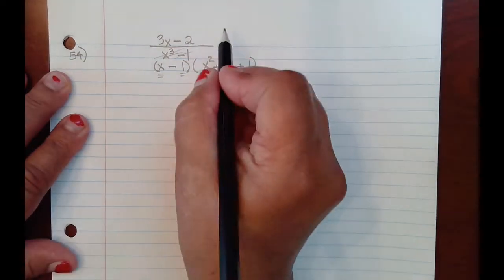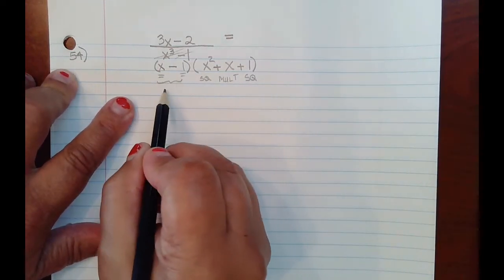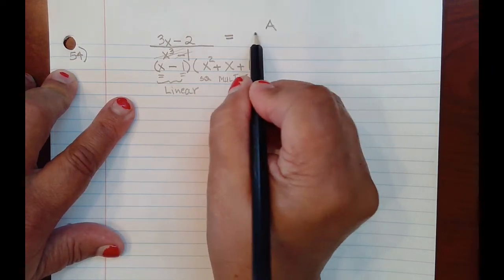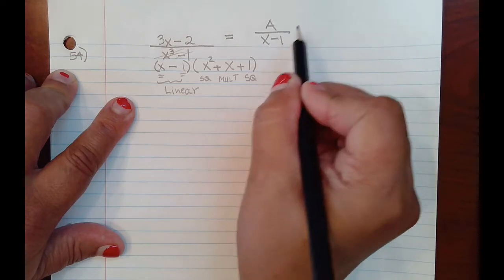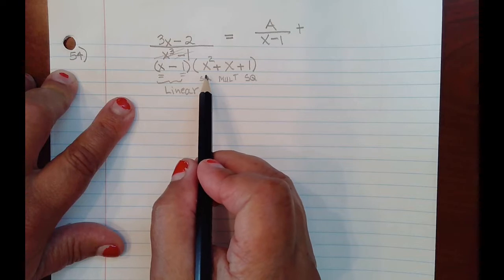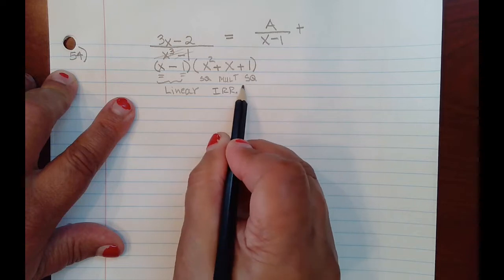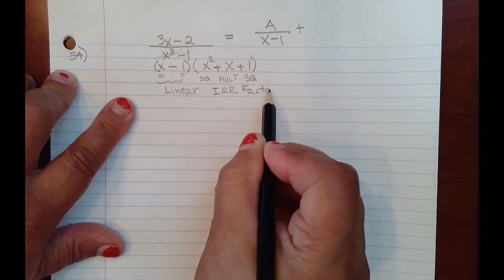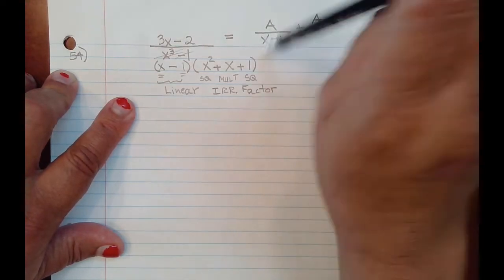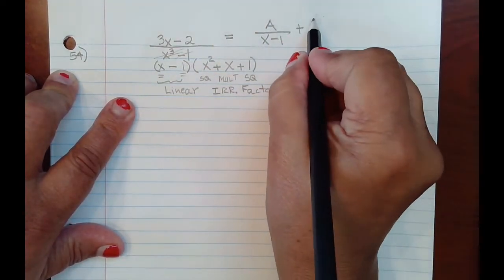And that tells you how to begin the decomposition process. So this factor, being that it is linear, gets a constant as its numerator. And then anything that is second degree and can no longer be factored any further is what we call an irreducible factor. You just can't get it down any lower. And anything that is second degree gets a first degree expression as its numerator.